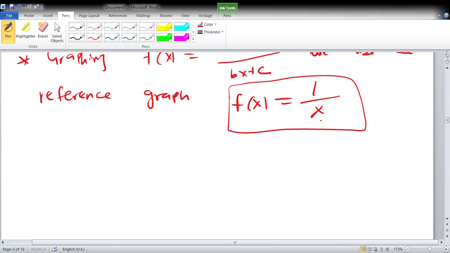There is a restriction. Remember what we said last time: in the denominator, there should never be a 0. So when x equals 0, this whole function becomes undefined.